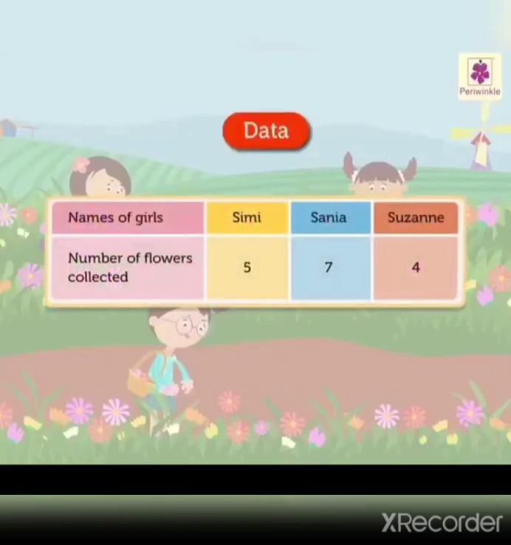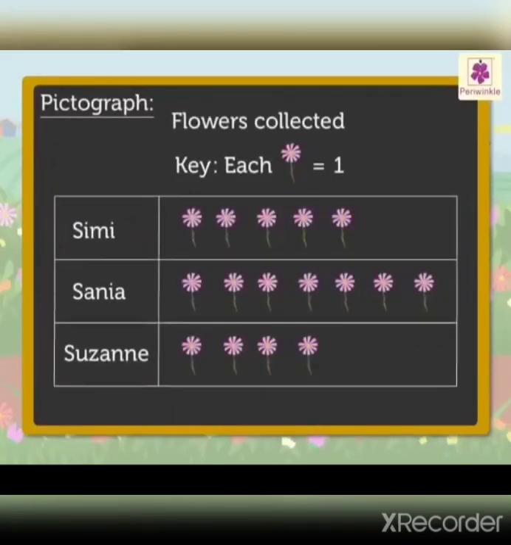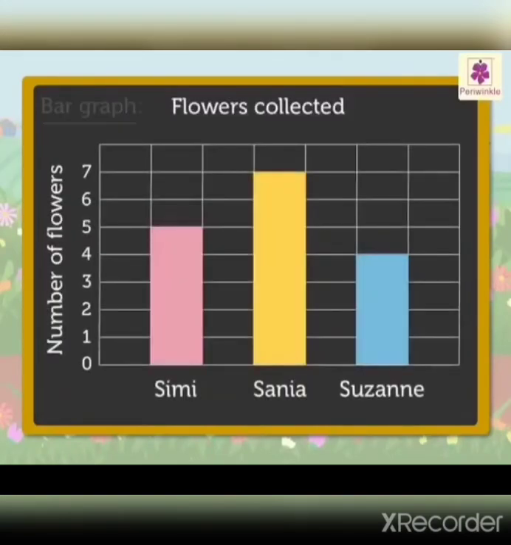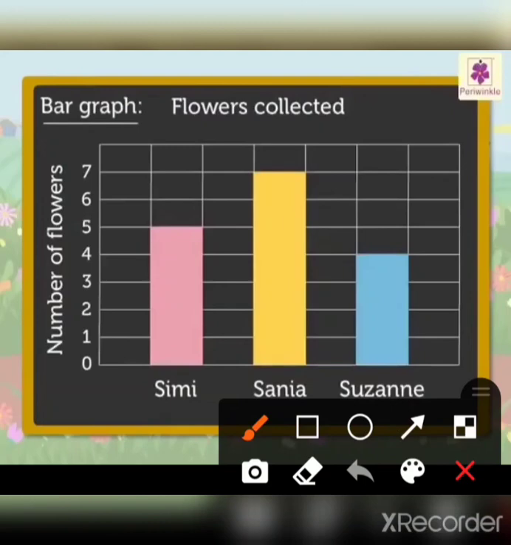We have taken an example for a pictograph where three girls, Simi, Sania and Suzanne, collected flowers. This is the pictograph of flowers collected. So let us take this example. First is the title, that is flowers collected.